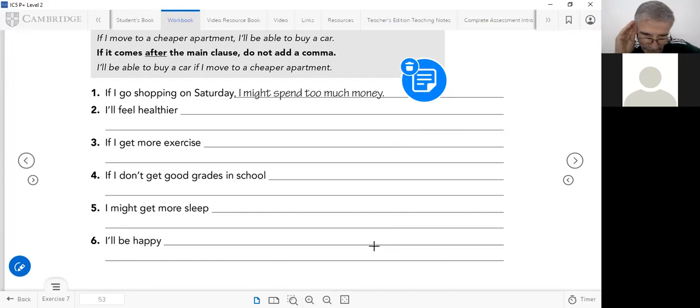I might get more sleep if... I don't understand what he's saying. No. Let me give you an example. I might get more sleep if I don't drink so much coffee.